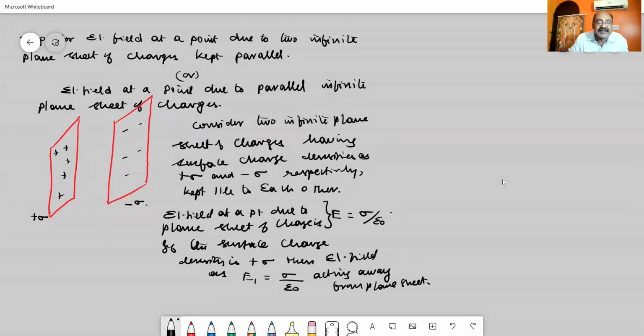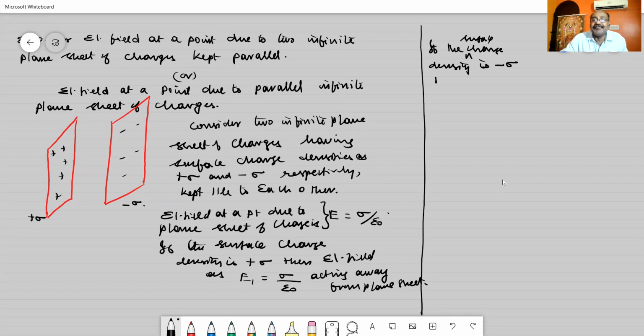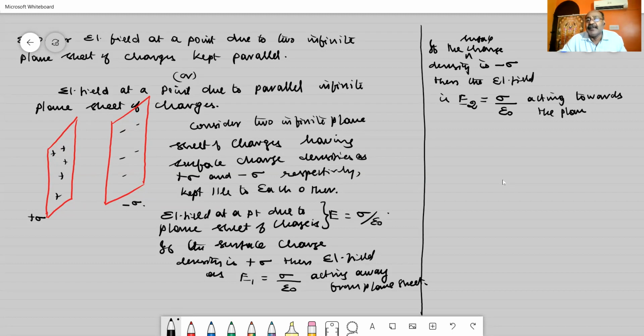Similarly, I am considering the second case: if the surface charge density is minus sigma, then the electrical field at the point, let us consider it as E2, is also in magnitude sigma by epsilon 0, but acting towards the plane sheet.